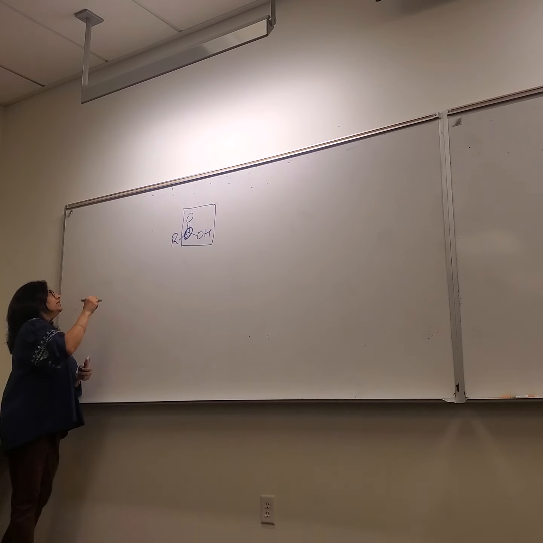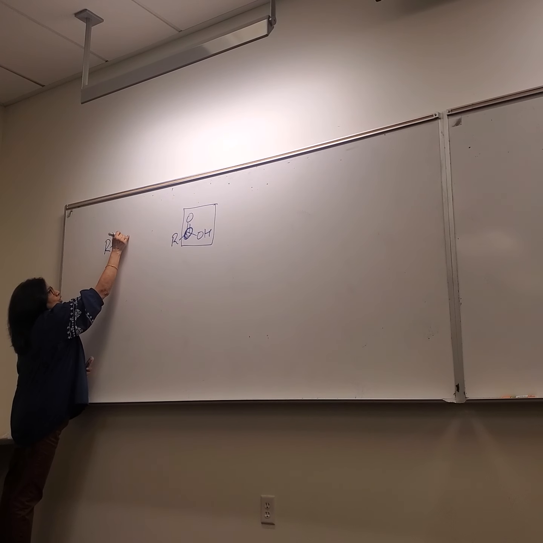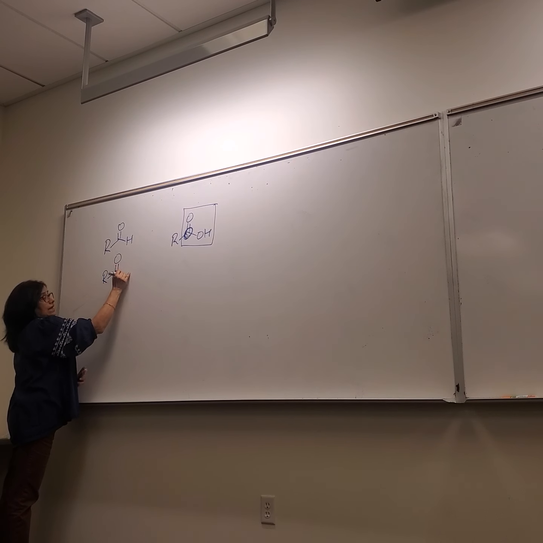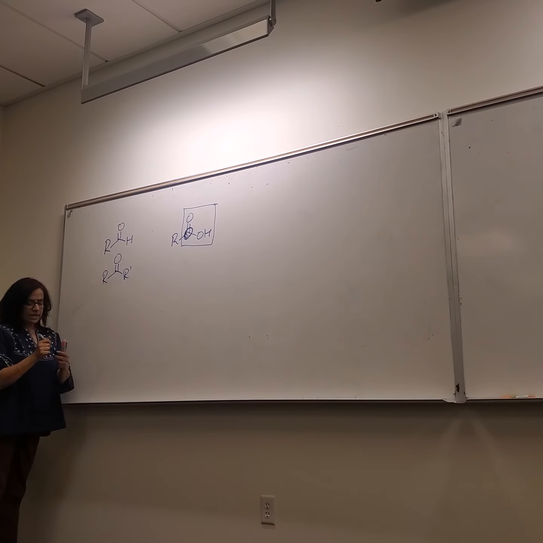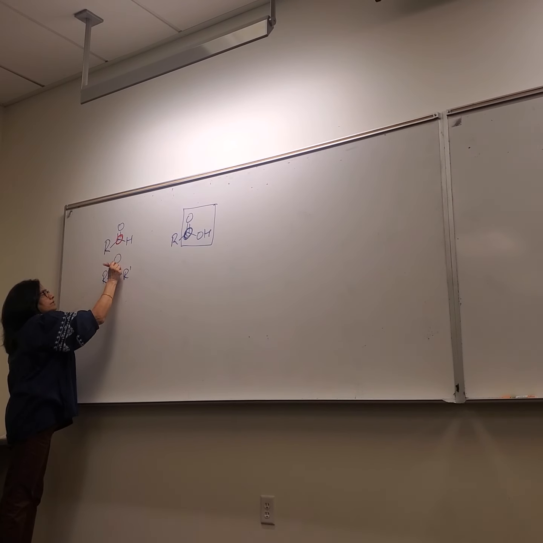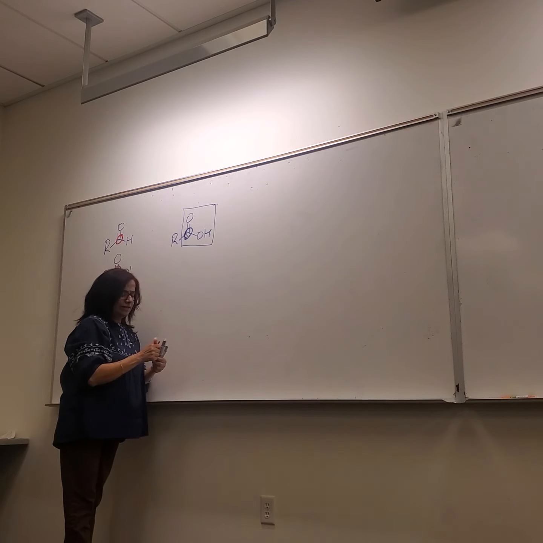By the way, please take a look at the C double bond O carbon in aldehydes or ketones, and tell me if you think these carbons are the same as that carbon.